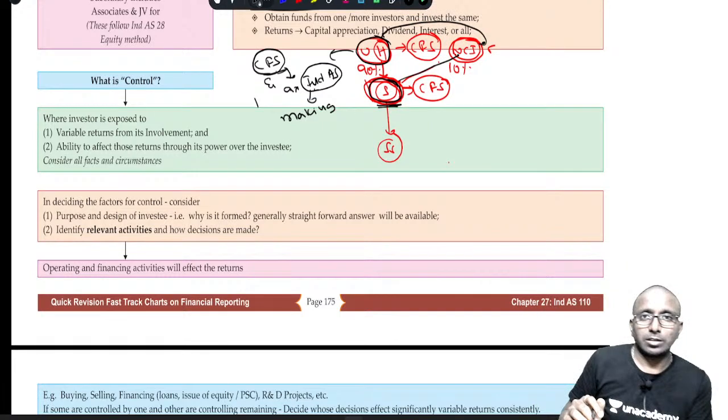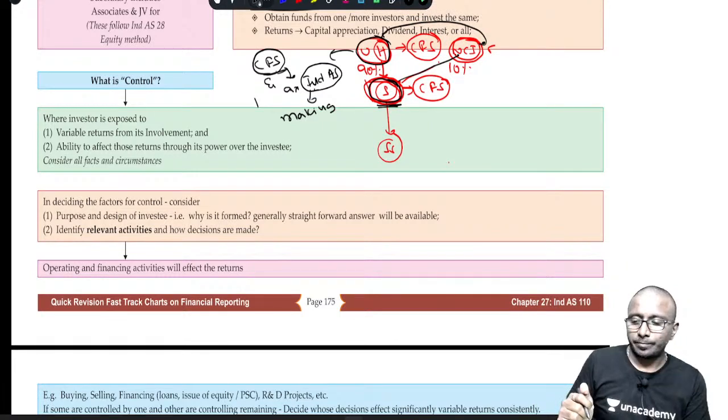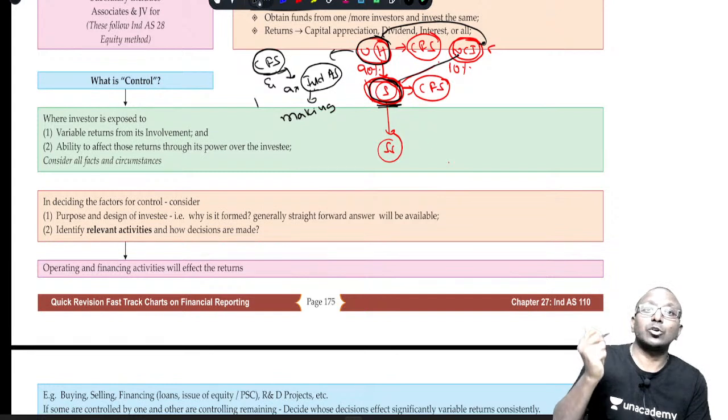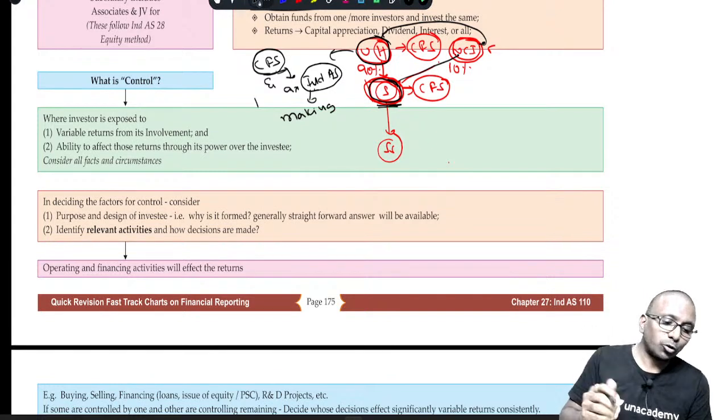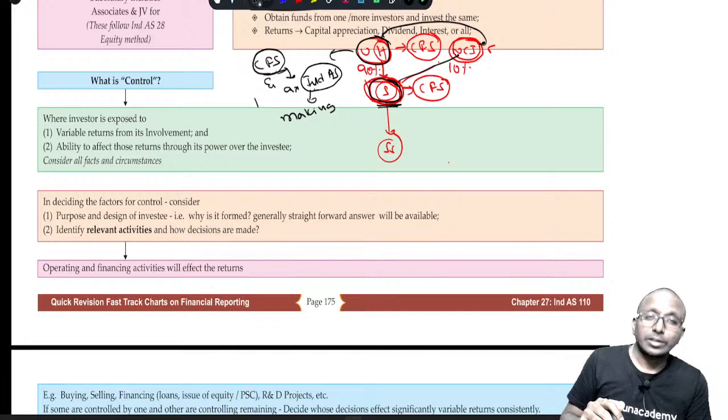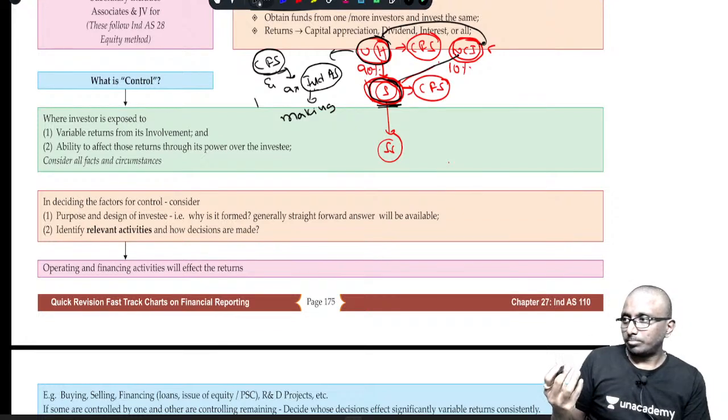When do you say it is a subsidiary company? I say it is a subsidiary company only when I have control over it. That means the other company is a subsidiary, and my company is the holding company or parent company.